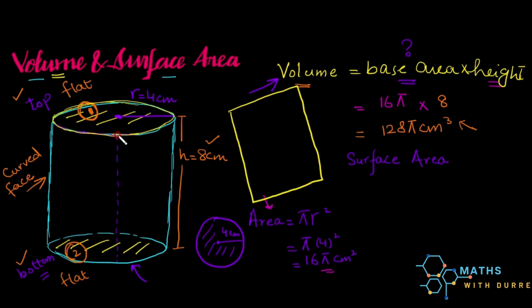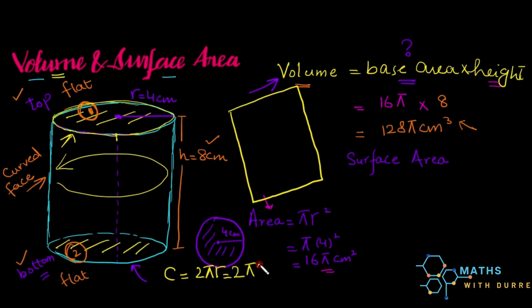If you open from this side, you just need to find the distance around this curve, this boundary. So this boundary is the length of this rectangle. How can you calculate its boundary? Boundary is a circumference. So it will be 2 pi r, that is 2 pi times 4, which is 8 pi centimeter. So its length is 8 pi.